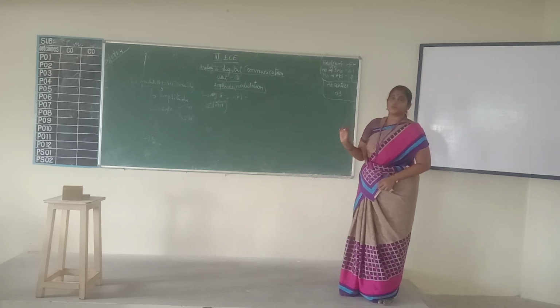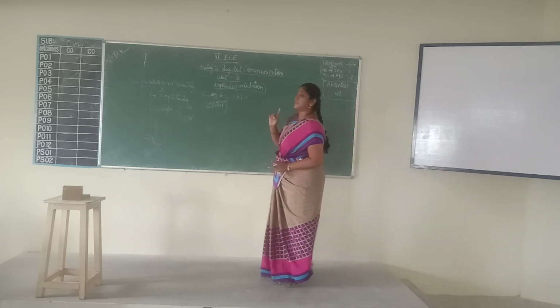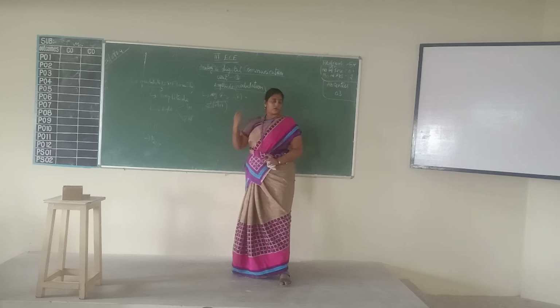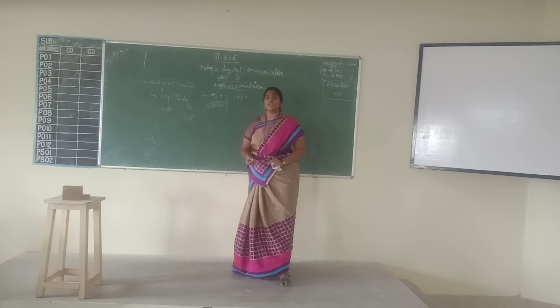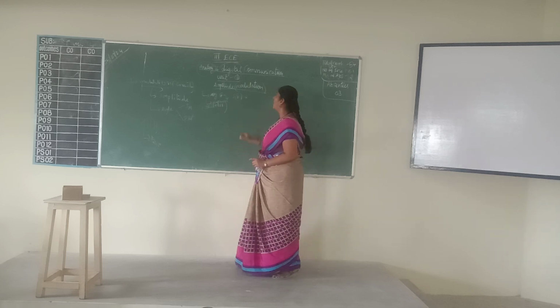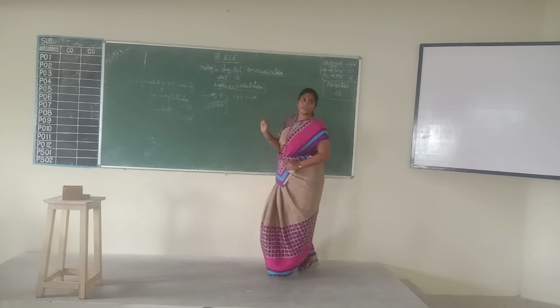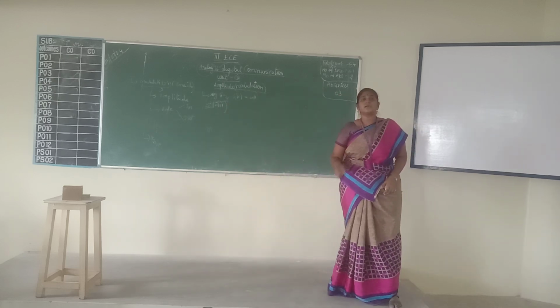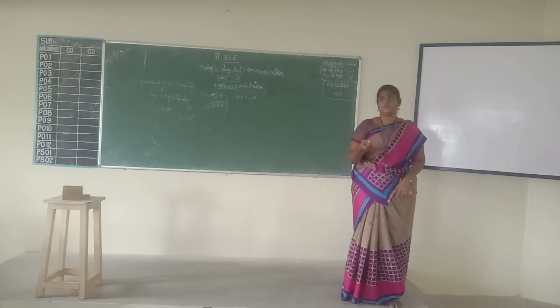I am not asking about your carrier or message signal. For any signal, how can you represent it? You will be representing the amplitude of the signal followed by the mathematical function, defining the function for the signal.